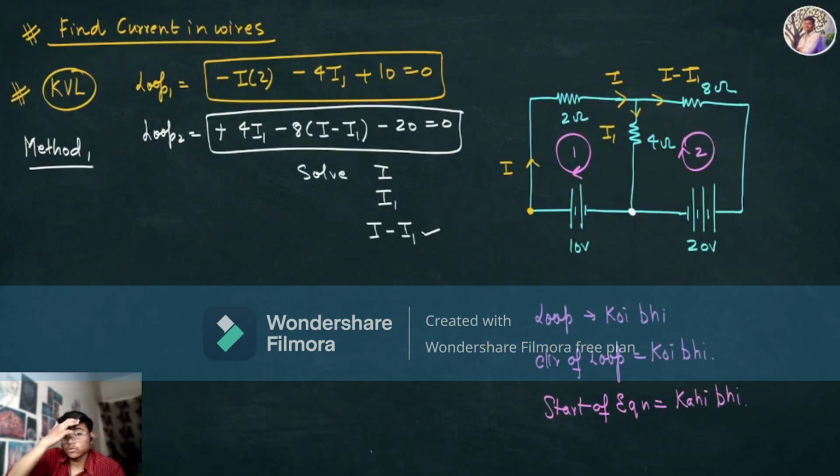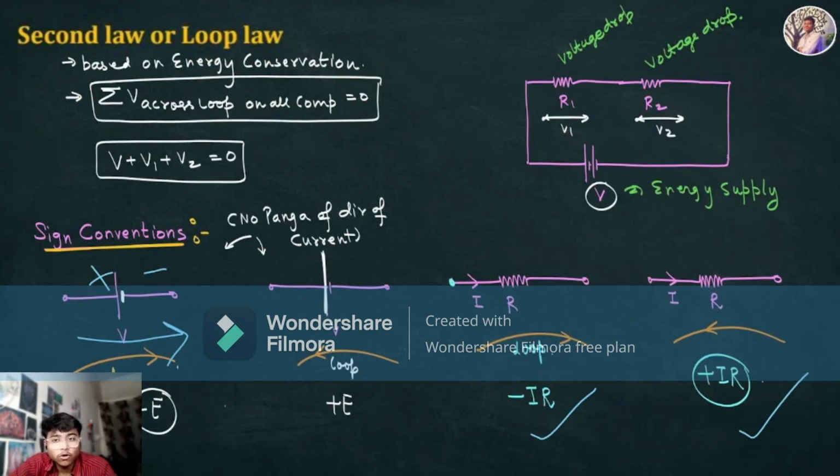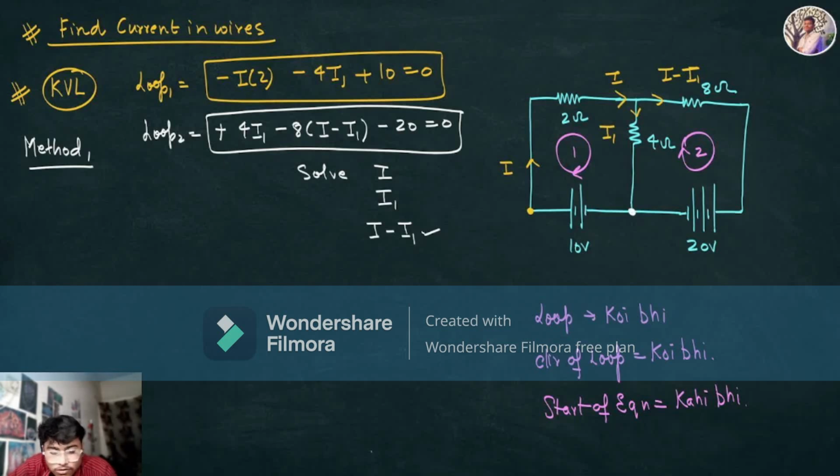So there is a question on KVL, which is known as Kirchhoff's second law. There is a circuit given. We will firstly determine the current in branch one. We have taken this loop in the clockwise direction. Firstly we will write the 10, and I and the loop are in the same direction, right?